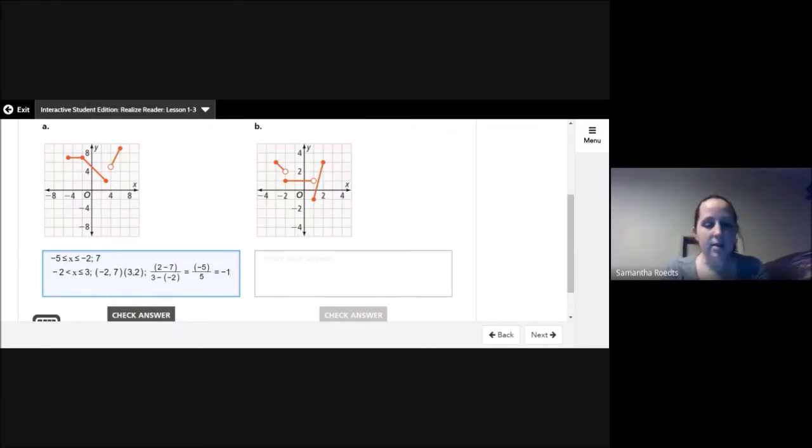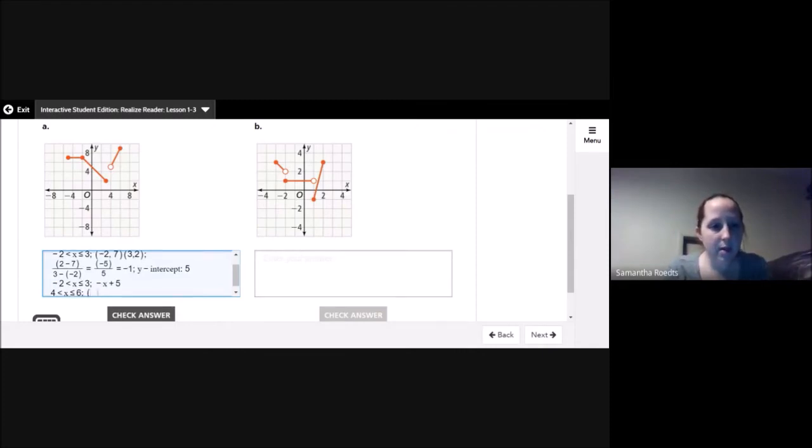And it crosses the y-intercept at 5. So at -2 to 3, I have -x plus 5. And then my last one is at 4, and it's open, closed circle to 6, 4 to 6.